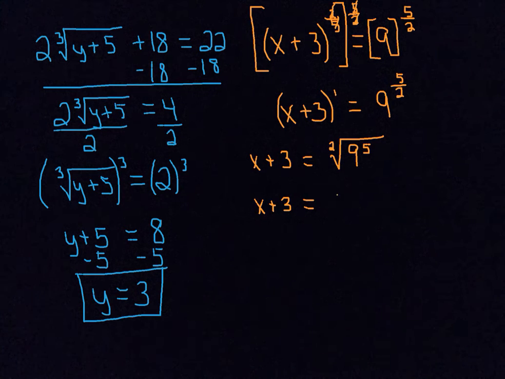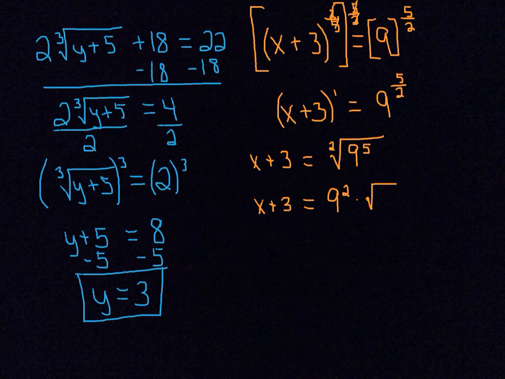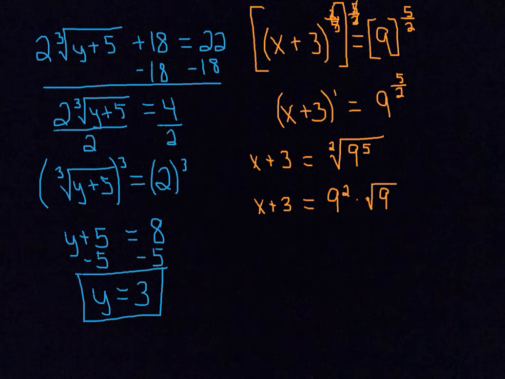So you got 2 9s that could come out. 5 divided by 2 is 2, with 1 left over. We're left with a 9. All right. Now, because this is the square root of this, it's going to be a plus and minus of whatever we get here. So this is going to be x plus 3 is equal to 81 times 3.